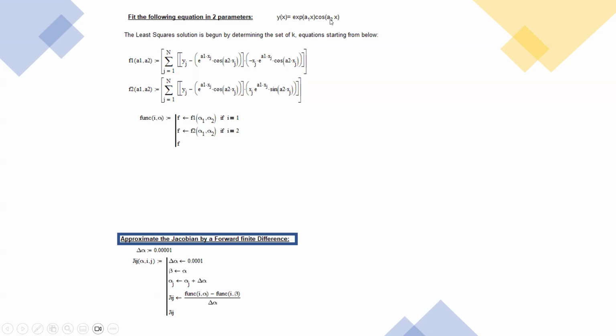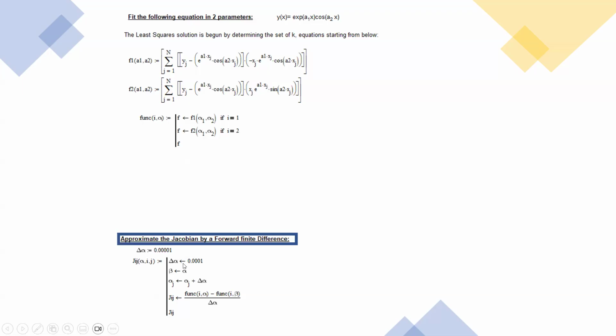For this reason, we will solve two nonlinear equations. We write the SSE and minimize the SSE with respect to A1 and A2. And then we apply the Newton-Raphson method for finding A1 and A2.